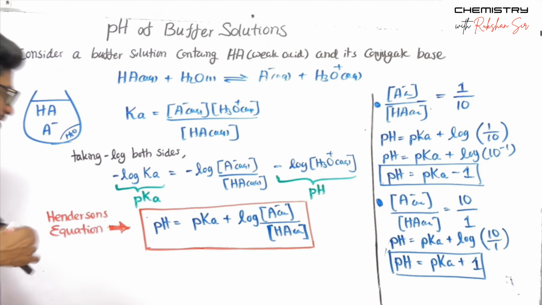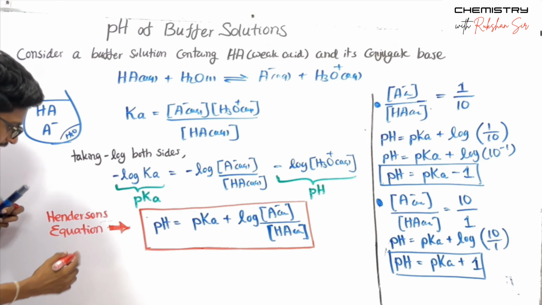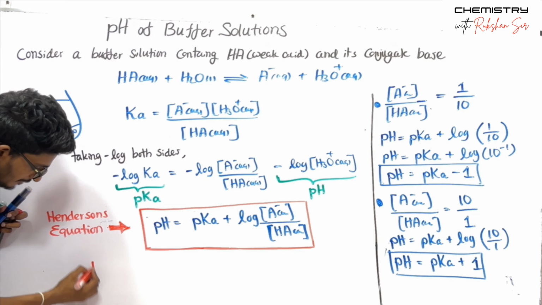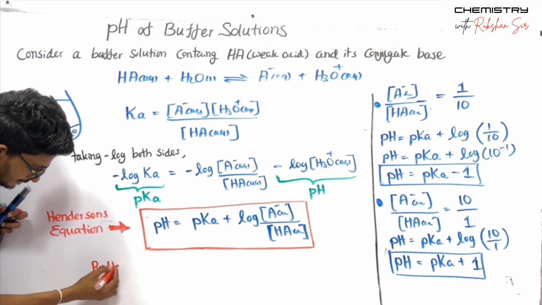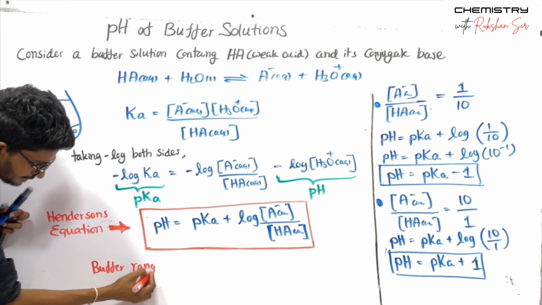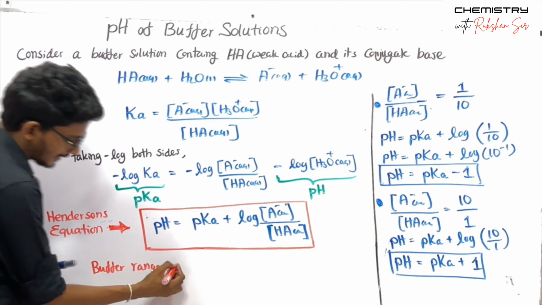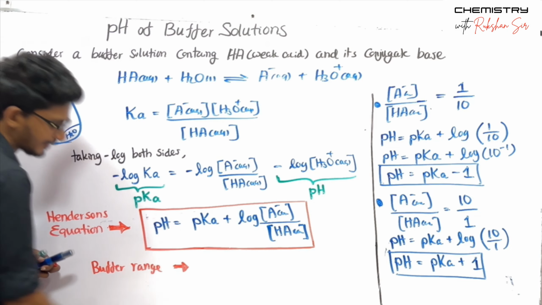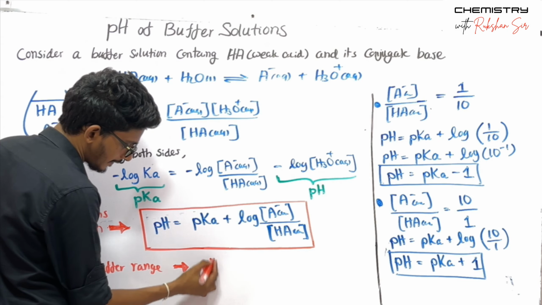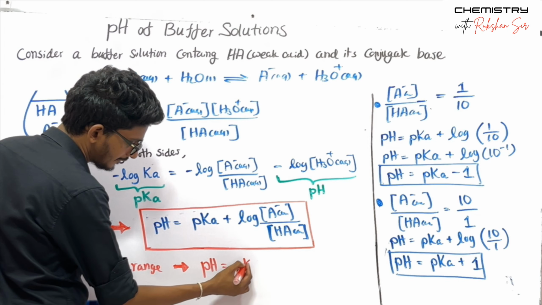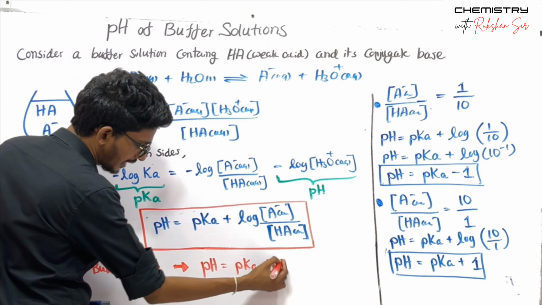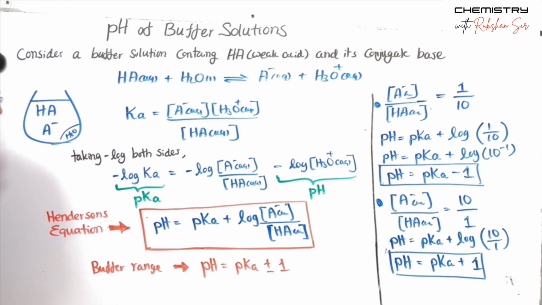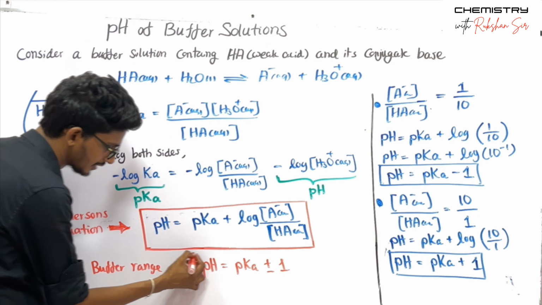So with the buffer solution, the buffer range could be referred to as pKa plus or minus 1.